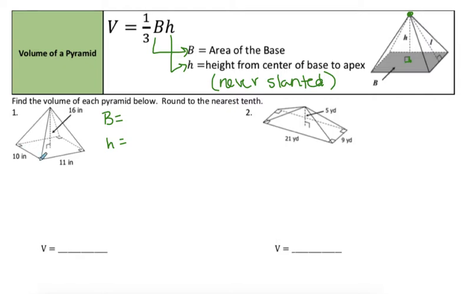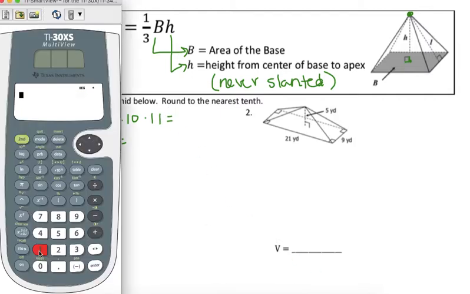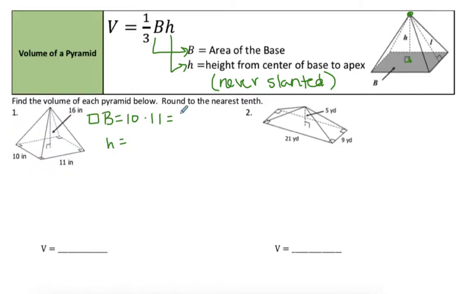My base here, I can see I have 4-sided objects, so I have a rectangle. So I'll do base times height here. In my calculator, I'm going to take 10 times 11, and I get 110. And my height, okay, they're pointing at this length here. It's not slanted. It's from the apex to the center of my base, which is 16.